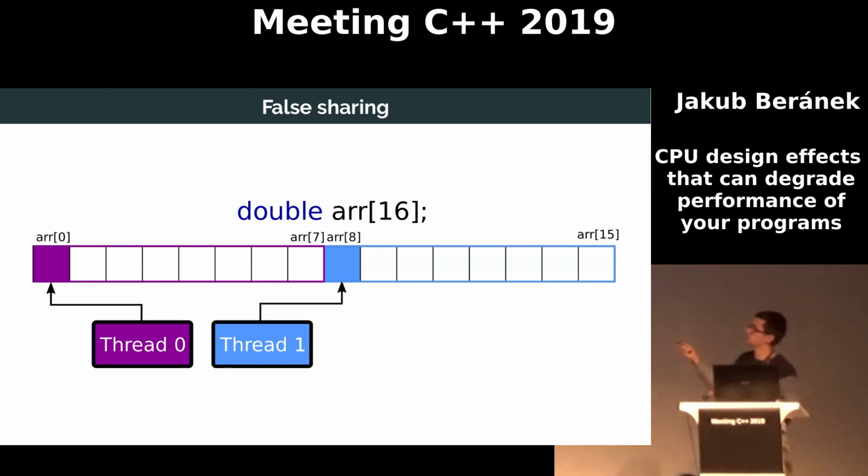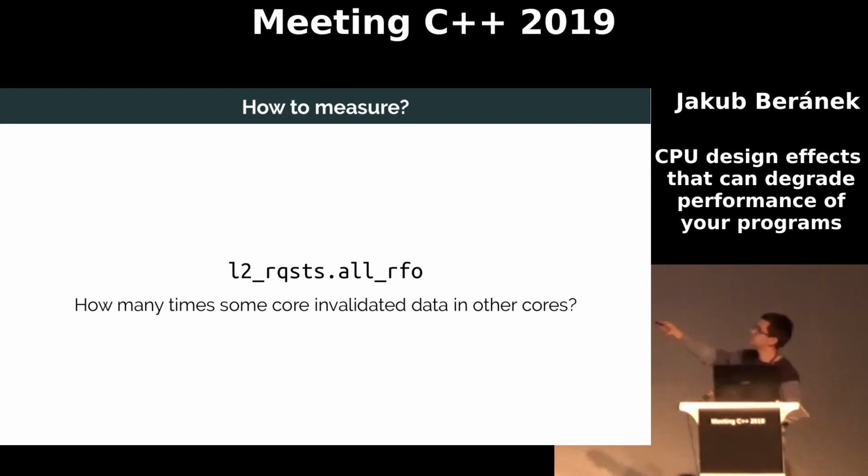And I don't have the code to show this. We could see that if I change this, it would be actually faster, but I can at least show that there is another performance counter which says how many times some core invalidated this cache line in other cores.